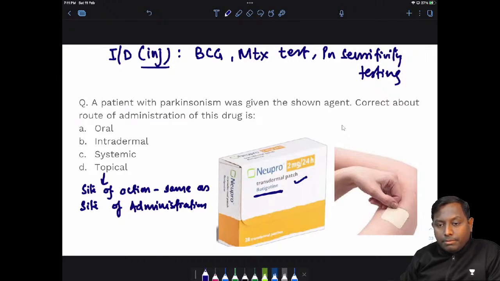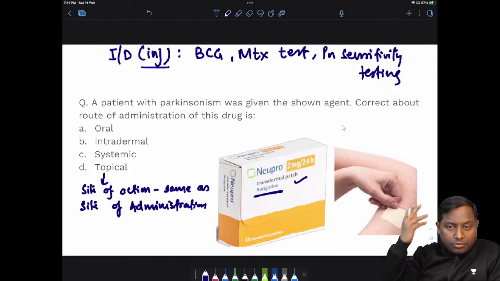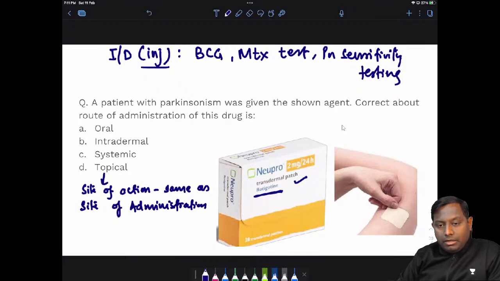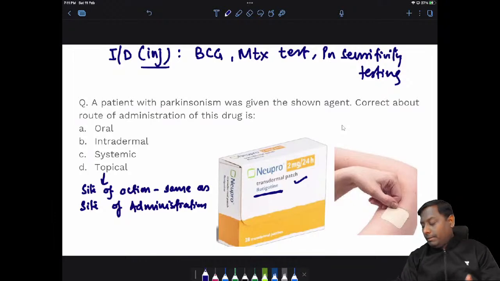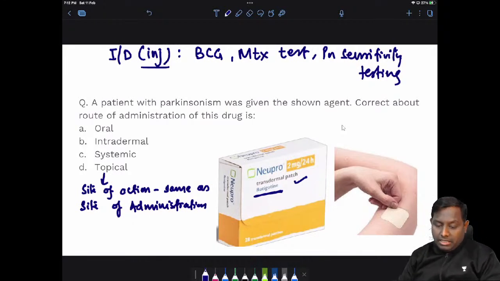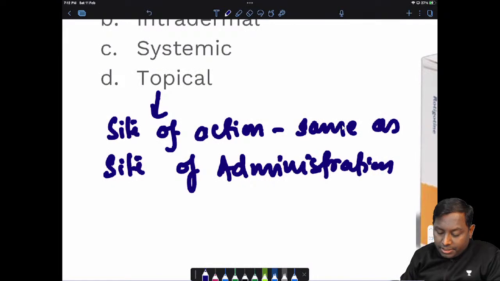Rotigotine, if you are going to use in Parkinsonism, let's say you are going to use a transcranial or somewhere that is close to your cranium, how it can help you in Parkinson disease. अगर टॉपिकल की बात करूँ, टॉपिकल का मतलब क्या हुआ, जहाँ लगाया वहीं पे काम किया. नेक पे लगाया तो नेक पे ही काम करना चाहिए. इट शुड नॉट शो द इफेक्ट समवेयर एल्स, है ना. तो टॉपिकल का डिफिनेशन क्या हुआ, साइट ऑफ एक्शन शुड बी सेम एज साइट ऑफ एडमिनिस्ट्रेशन.